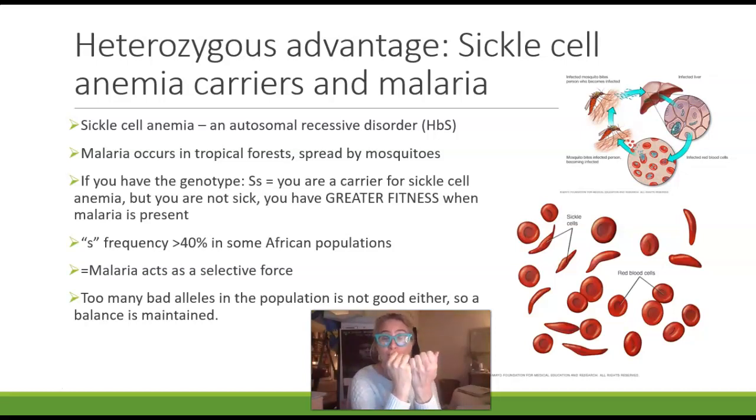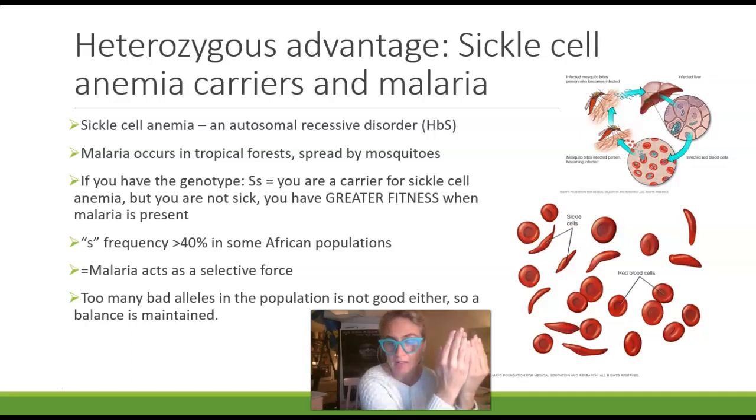If you have 2 of the recessive alleles, you have sickle cell, and your life expectancy is going to reduce. So you'll have a reduced reproductive fitness, or less fitness, right? If you have 2 of the good alleles in places where malaria is present, now you have a chance of dying from malaria and therefore having reduced fitness.